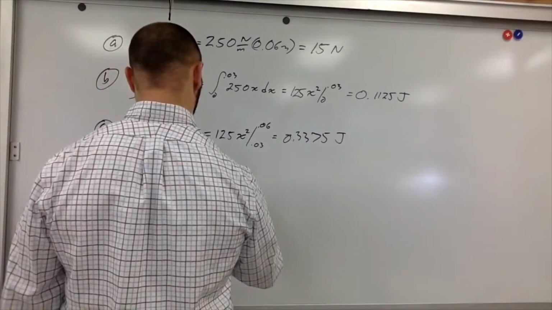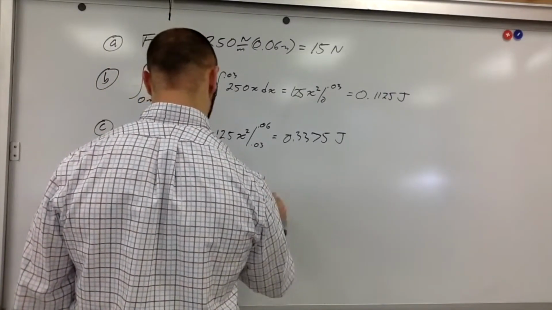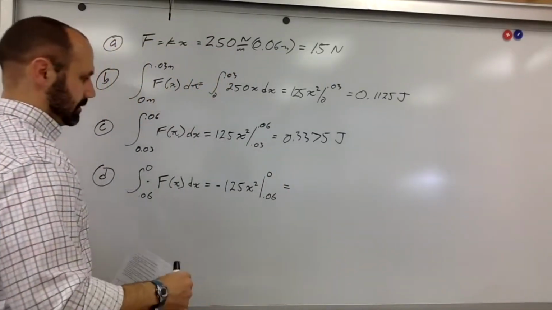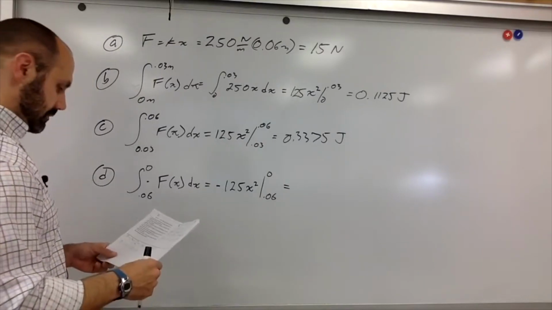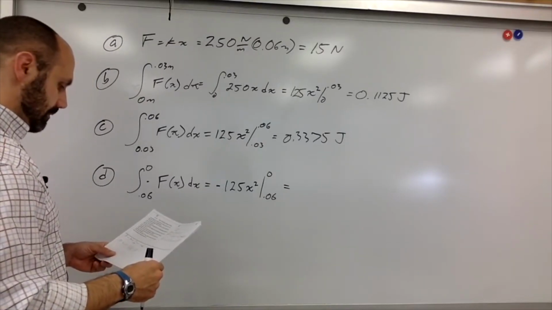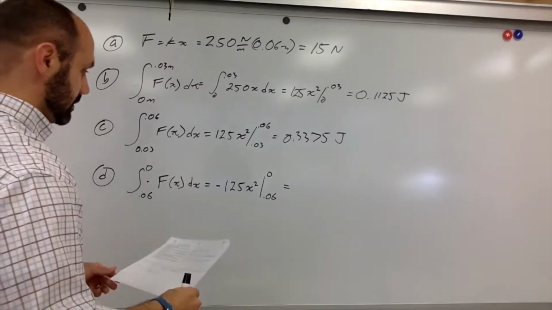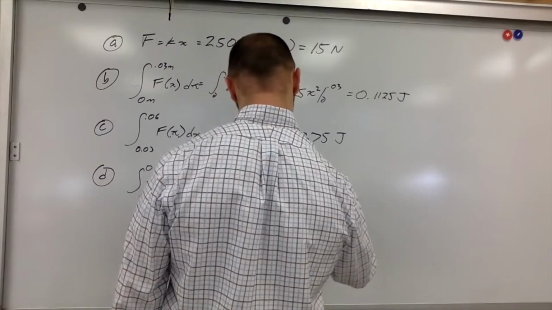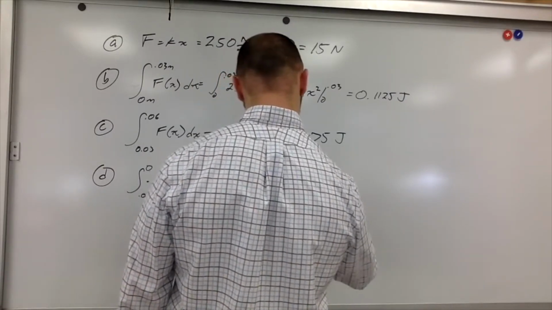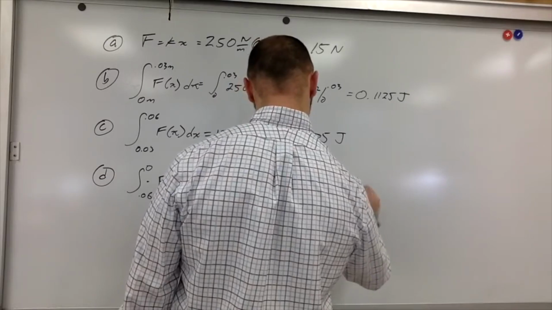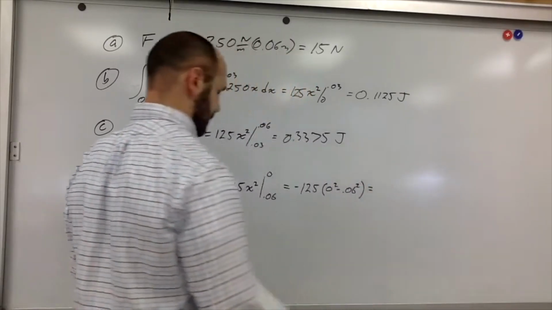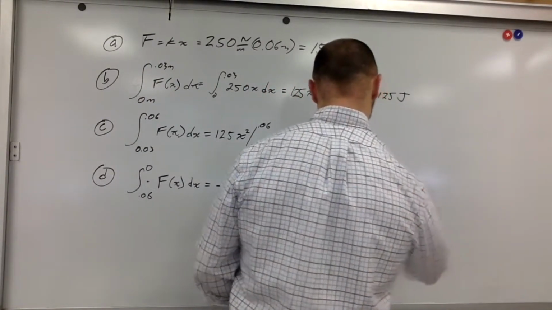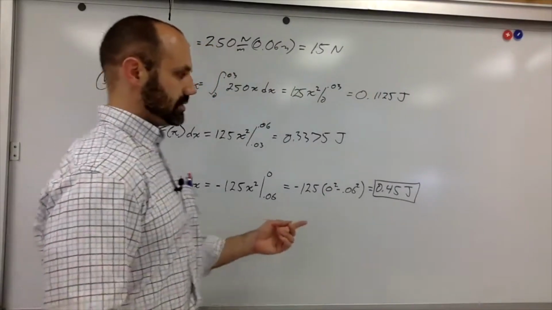So negative 125 x squared from 0.06 to 0. And so now this is going to be negative 125, I plug in 0 squared minus 0.06 squared, and I'm going to end up with 0.45 joules.